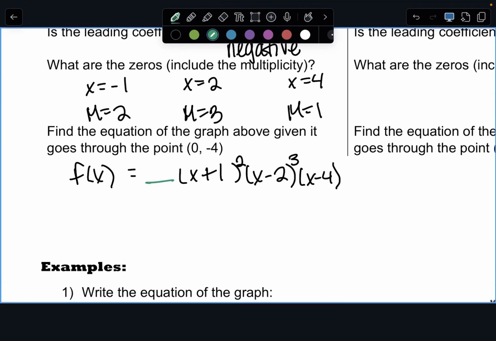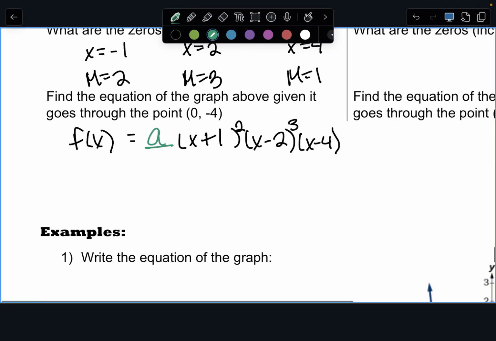It relates back to Algebra 1. What we're going to do is put a variable in here for now. Let's call it A. Our leading coefficient is A, okay? We're going to take a point off of our graph. This one, they give it to us.